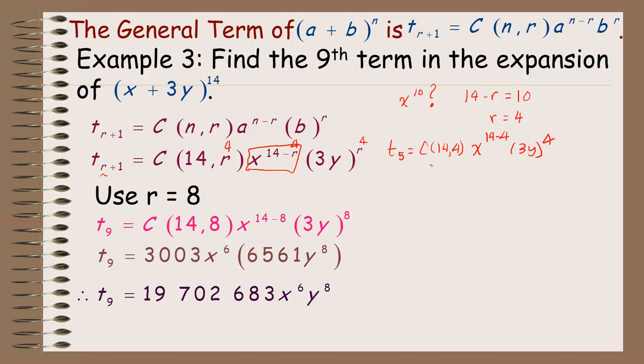And you could evaluate the combination. This is going to give you the x to the 10th here. And then, of course, 3 to the 4th is 81, so 81y to the 4th. And I don't have my calculator on me, so I'm not going to do the 14 choose 4 right now. But whatever that number is for that big combination, times 81, that's the coefficient, and it'd be x to the 10th, y to the 4th. So that's how you can find a specific term that has a certain power of x, or whatever the variable might be. And that's the end of the tutorial.